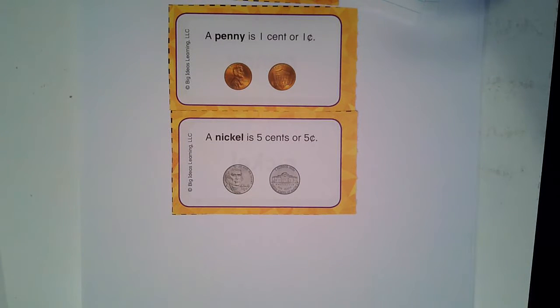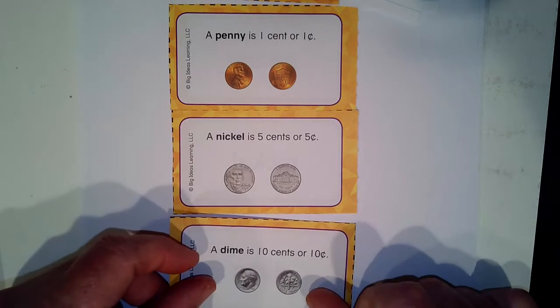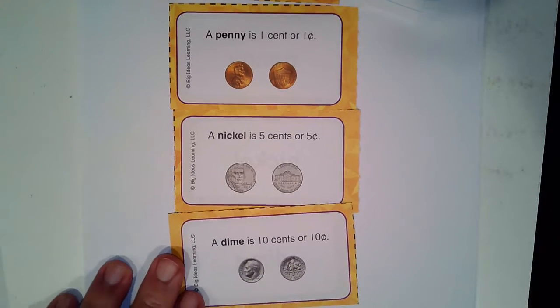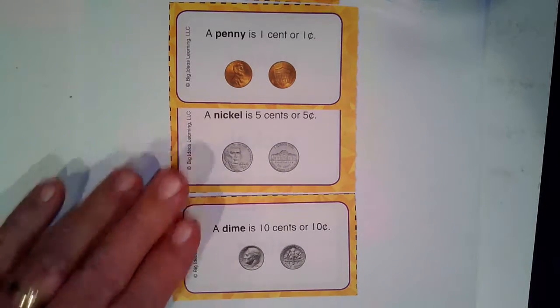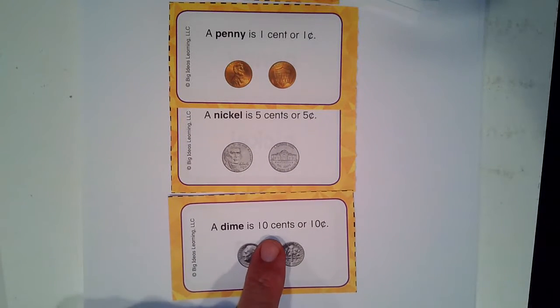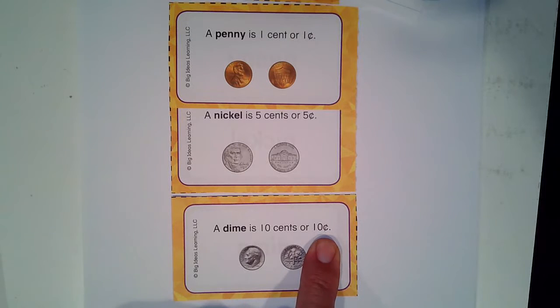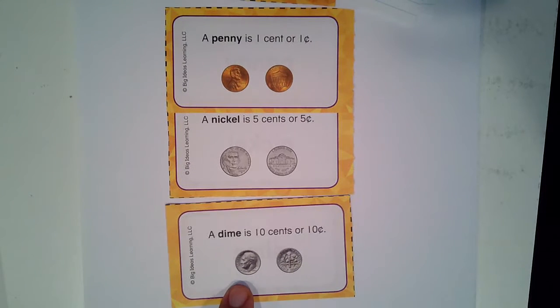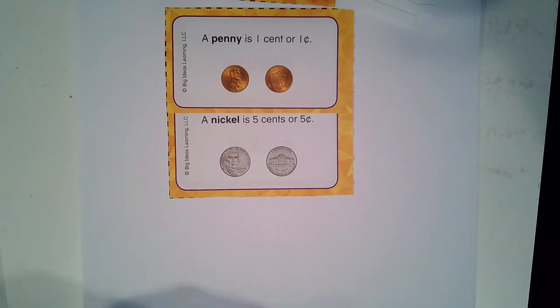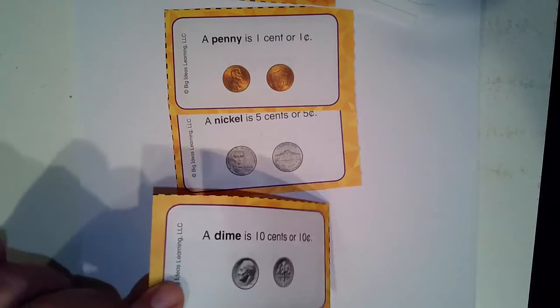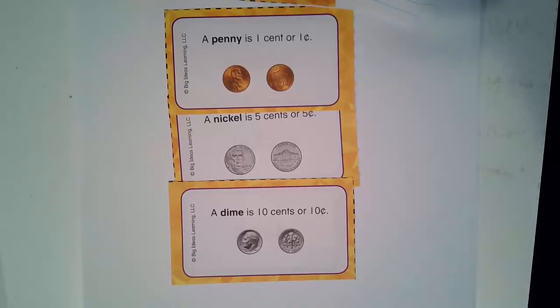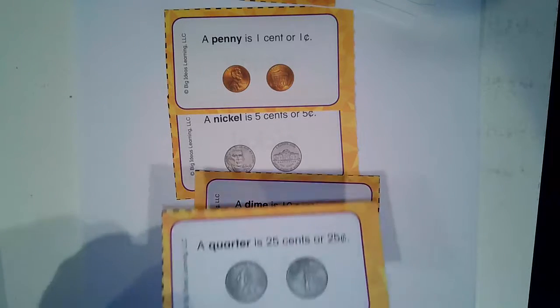I have this. This is a dime. A dime is 10 cents. Or written like this, 10 cents, heads, tails, dime, that's how we spell it. And the last coin that I'm going to show you is this.